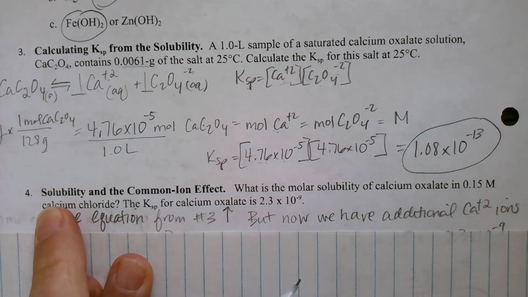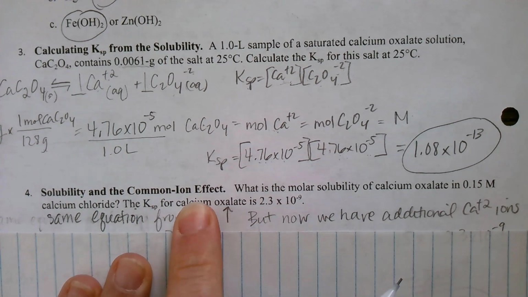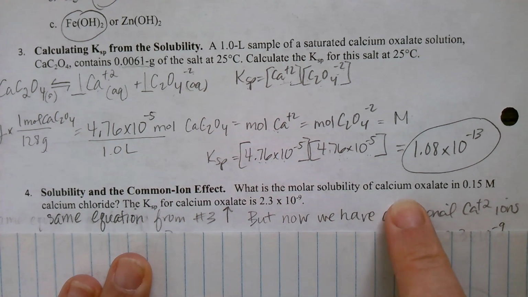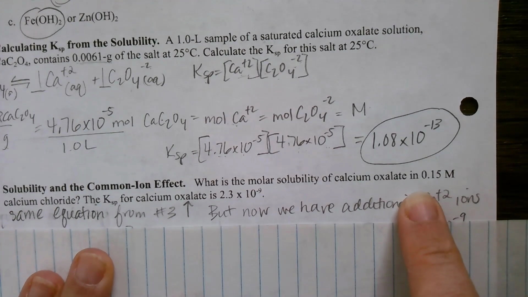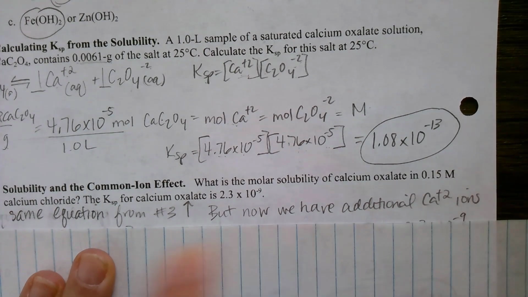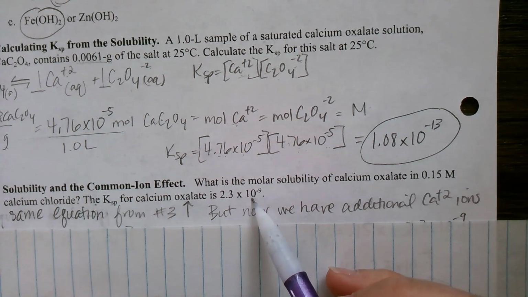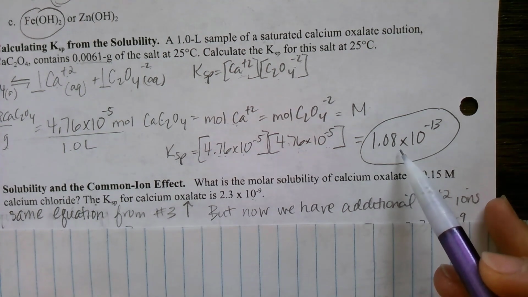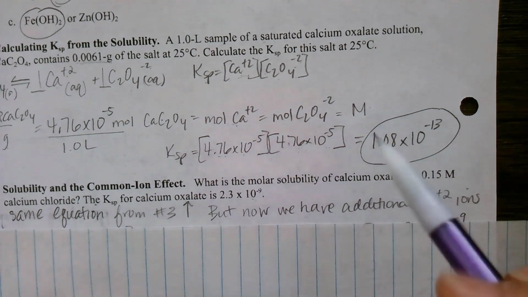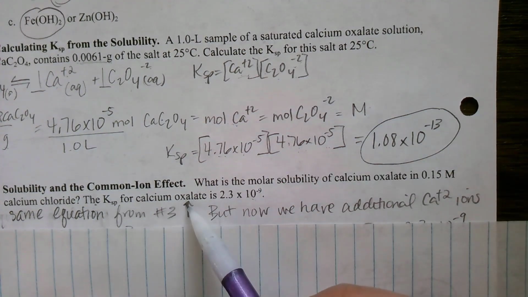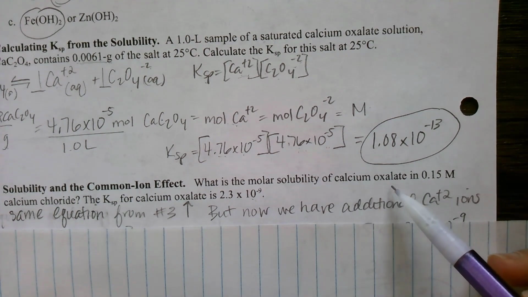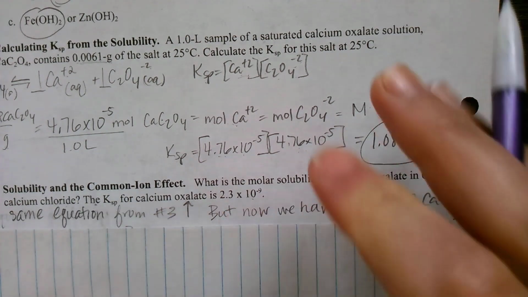We're looking for number 4, solubility and the common ion effect. What's the molar solubility of calcium oxalate in 0.15 molar calcium chloride? And we're given the KSP for calcium oxalate is 2.3 times 10 to the negative 9. So we found the KSP for calcium oxalate up here, but obviously it's going to be different if it is in calcium chloride.